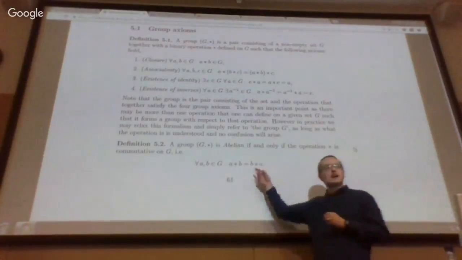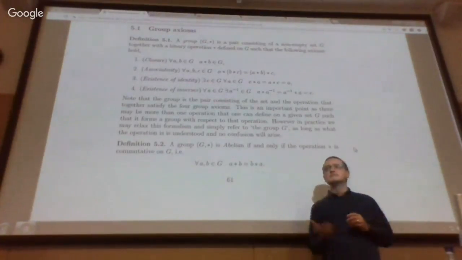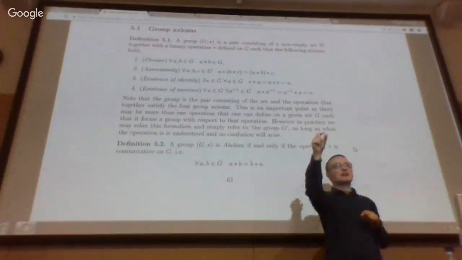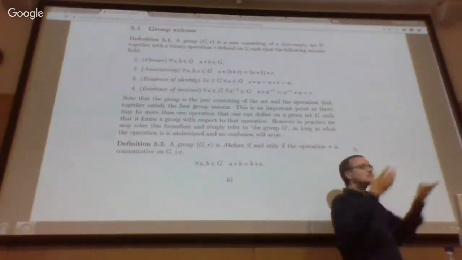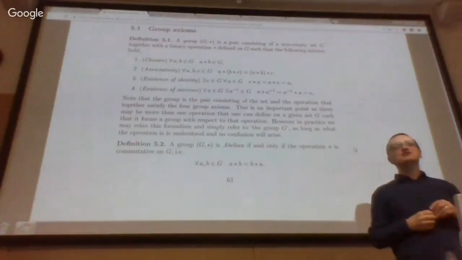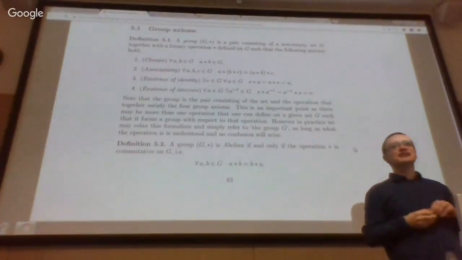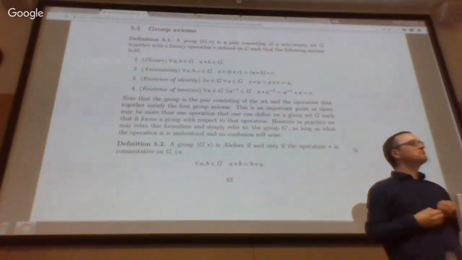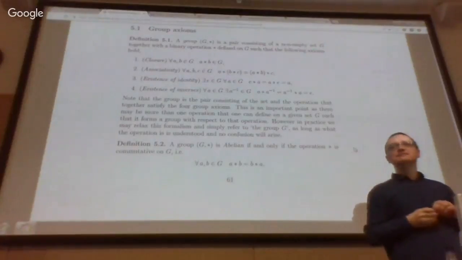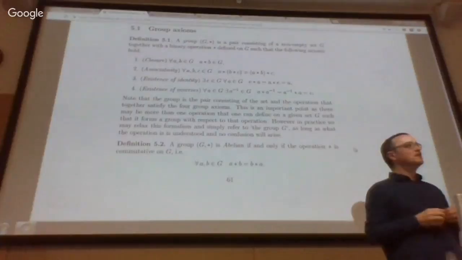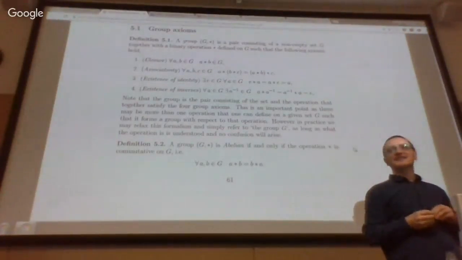Now, what's your favorite non-commutative operation? I'm tempted to pick someone at random, but somebody volunteer. What's your favorite non-commutative operation? Or just one that you've encountered recently? You've encountered a few of them, at least one in this unit and at least one in another unit.